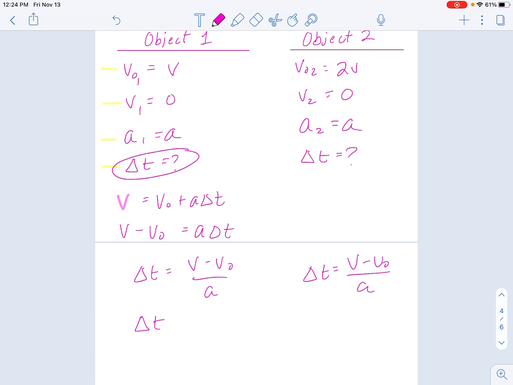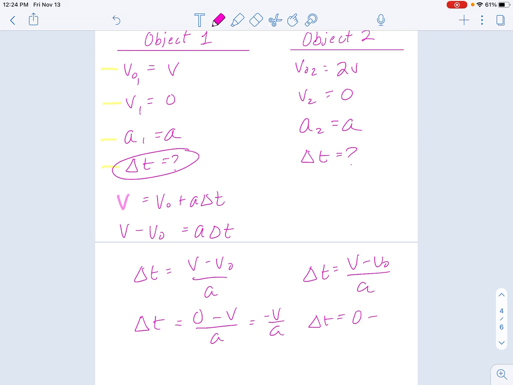So for object 1, v is 0. The initial velocity is v, and acceleration is a. So delta t is negative v over a. And for the other object, v is 2v. Whoops, I got mixed up. Sorry, v is 0, again.